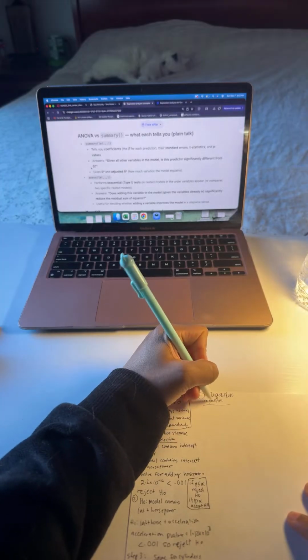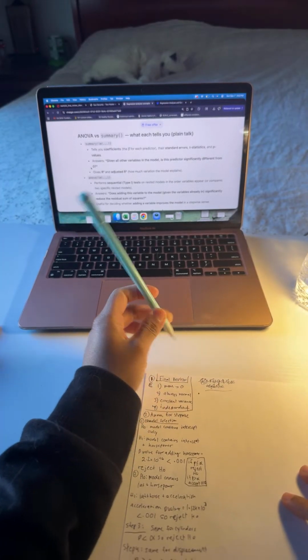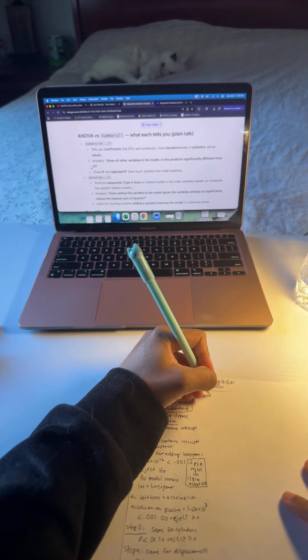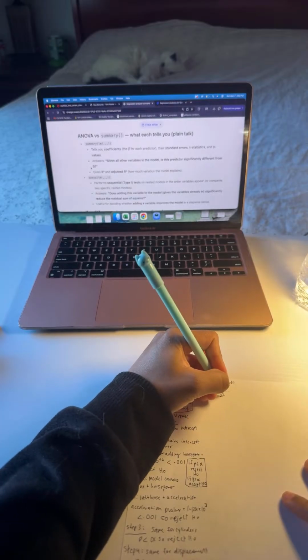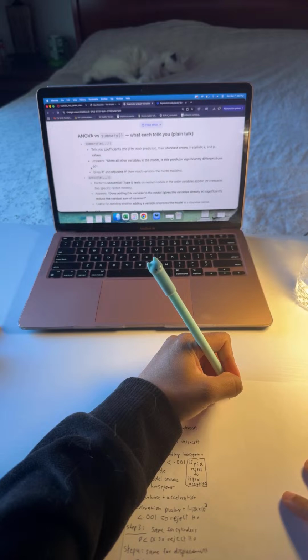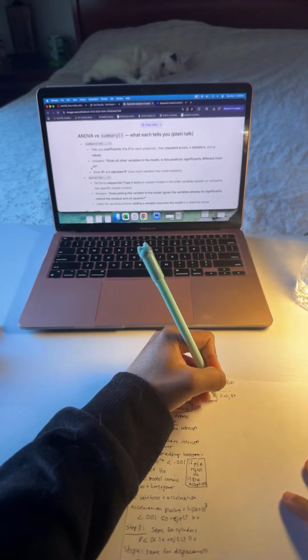In the model, is the predictor significantly different from zero? Let's not do ridge and lasso regression just yet. And then summary also gives R squared and adjusted R squared: how much variation the model explains.